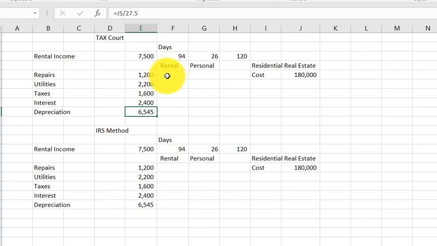So first thing, now that we've determined where this classifies, we need to calculate how much of each of these expenses gets allocated to rental and how much to personal.